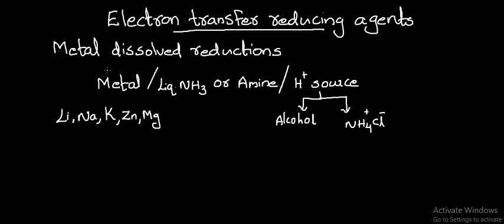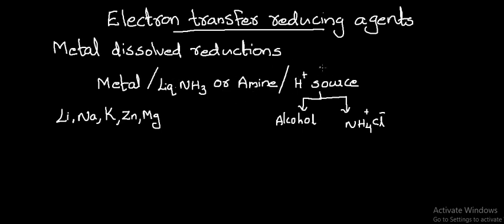What are the requirements for metal dissolved reductions? From the name itself, we can say that it requires a metal which should be electropositive, like lithium, sodium, potassium, zinc, magnesium, etc. Another requirement is liquid ammonia or amine.